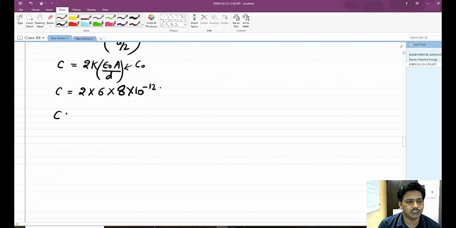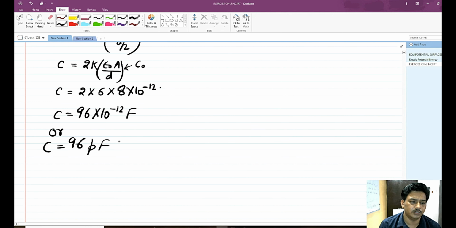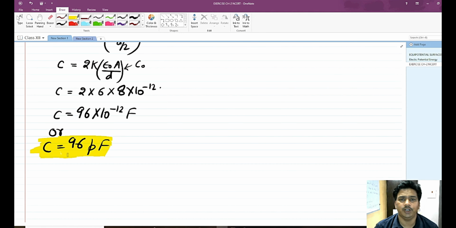Now C is equal to 2 sixes are 12, 12 eights are 96 into 10 to the power minus 12 farad, or you can write it as 96 picofarad. So this is the value of capacitance when the distance between the plates of the capacitor is reduced to half and also filled with a dielectric substance of dielectric constant 6. So this is question number 2.5.